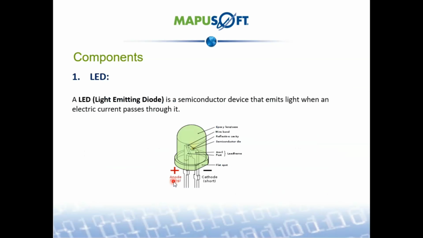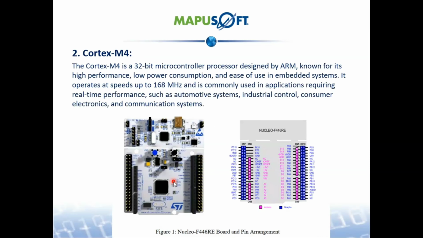So let's see the components we are using here. LED, which provides a visual representation of the timing behavior, turning on and off at intervals that reflect the current system tick frequency. And the microcontroller, which is Cortex, is the core of the system, responsible for controlling the system tick frequency and toggling the LED.